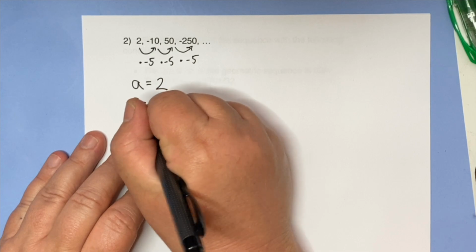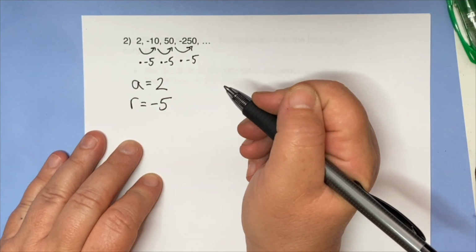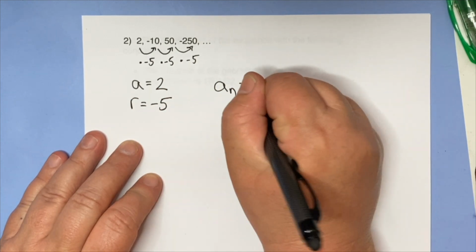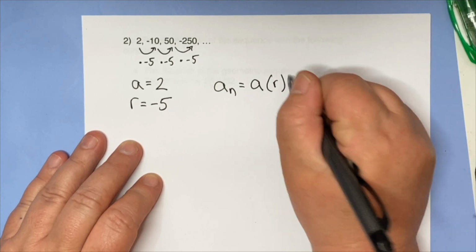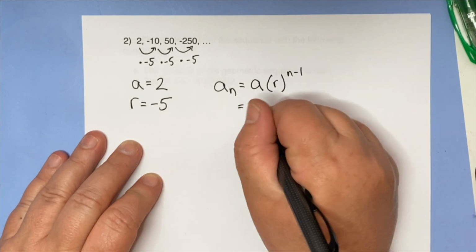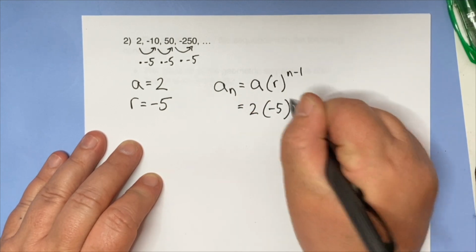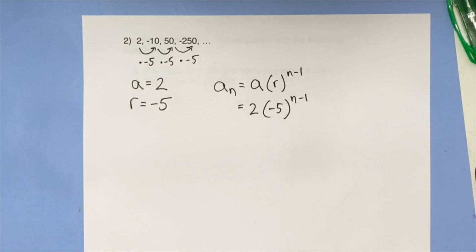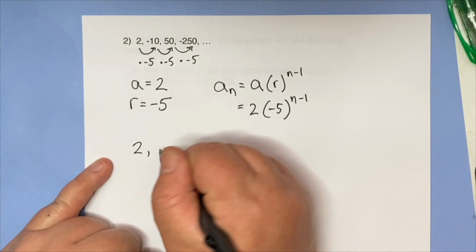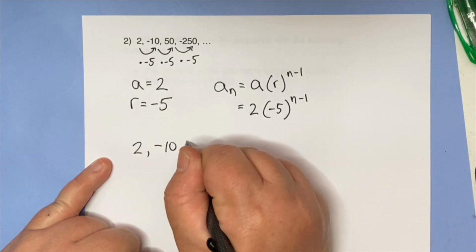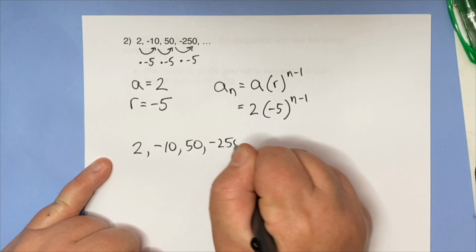Our common ratio is -5. And so our general form is going to be A times r to the n minus 1. So that's 2 times -5 to the n minus 1. And it is perfectly fine to have a negative common ratio. So let's go ahead and complete this: -10, 50, -250.